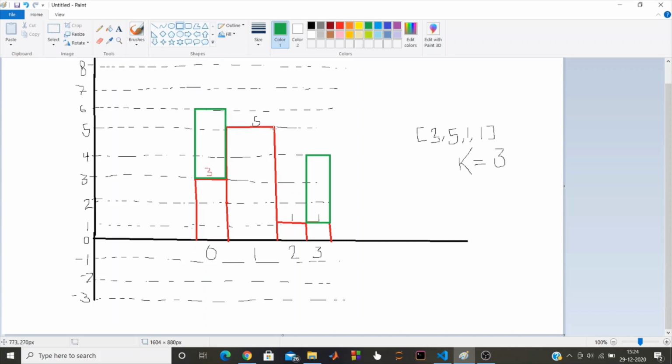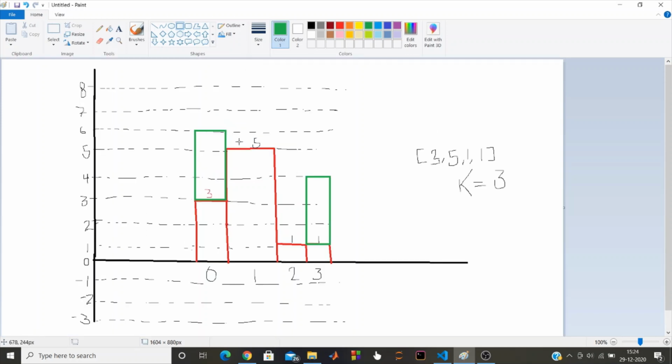Now suppose I ask for this next slab, what are the ranges? Forget about this 5 for now, let me just erase it. I can either start my slab like this, or I can do it like this, that is height of 3.